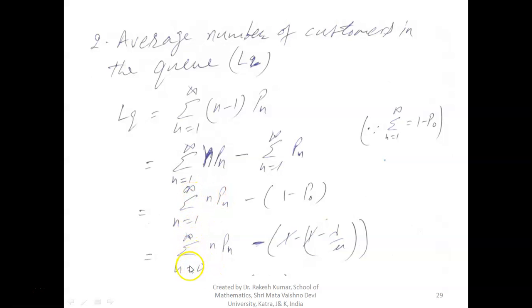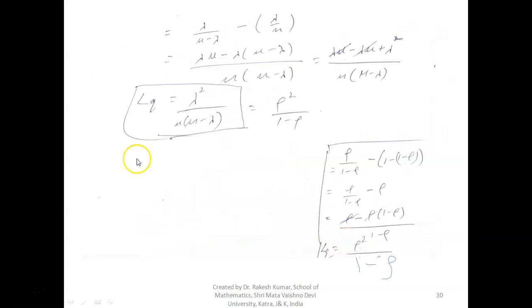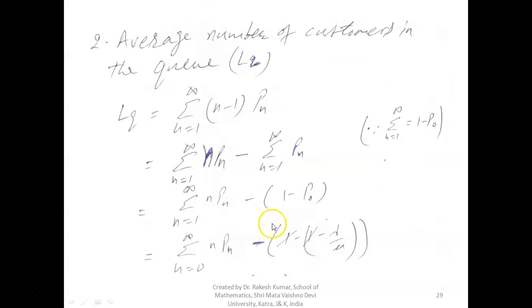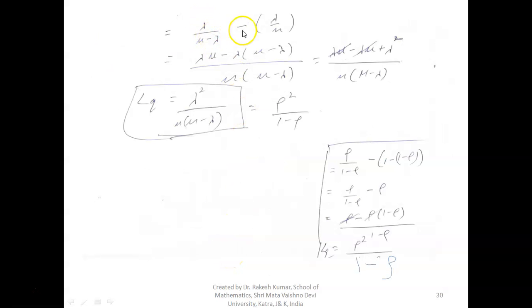So this is the same as that. And I can put the value of P naught, which we have obtained earlier. You can see this is lambda upon mu minus lambda, and this we just obtained. Simplifying, we get lambda square upon this one.